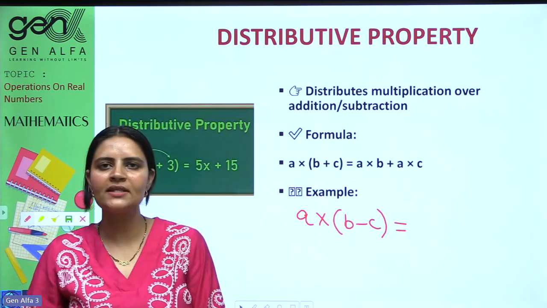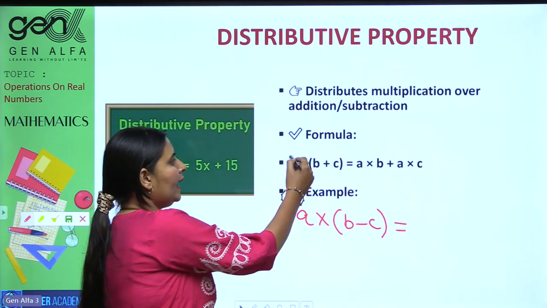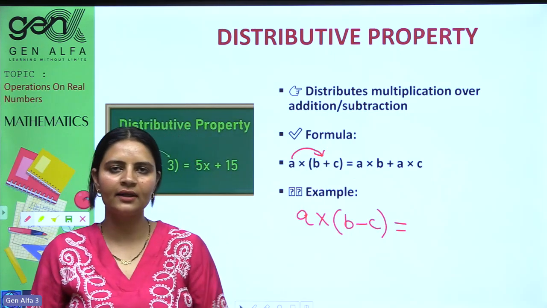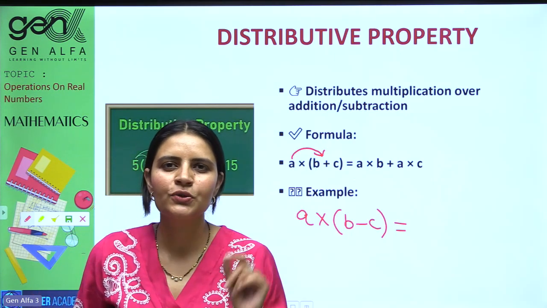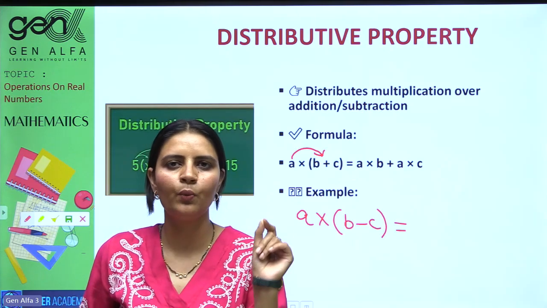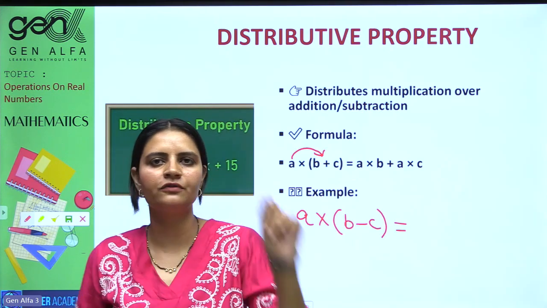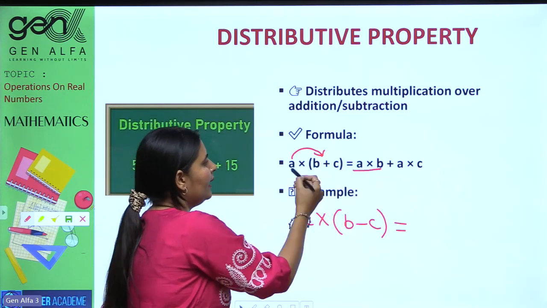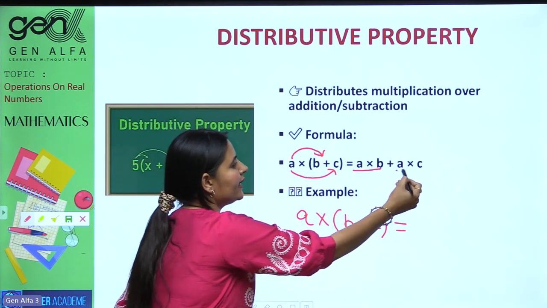How does this bracket open up? A is present outside this bracket, and in this bracket, there are two numbers B and C. So the number present ahead of the bracket would be taken along with either of them. How? A multiplied by B, one term. A multiplied by C, second term.